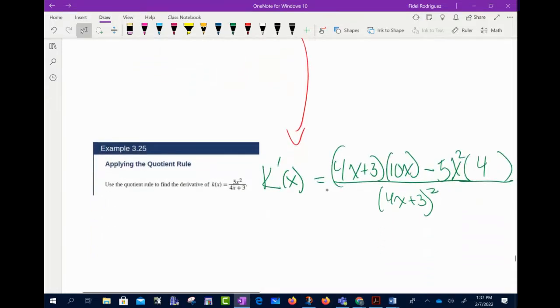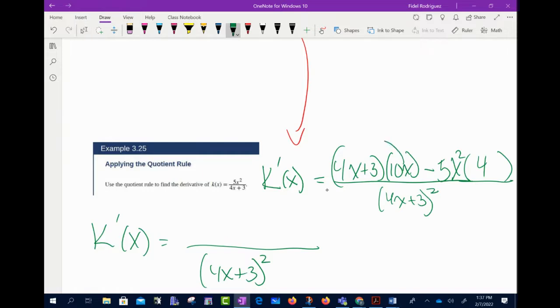Now, I might do a little bit of simplifying here. Tell you what, I'm going to leave that 4x plus 3 squared all by its lonesome. But I'll probably do a little bit of simplifying on the top. Let's see. Guys, what is 10x times 4x? 40x squared. Good. What is 10x times 3? 30x.